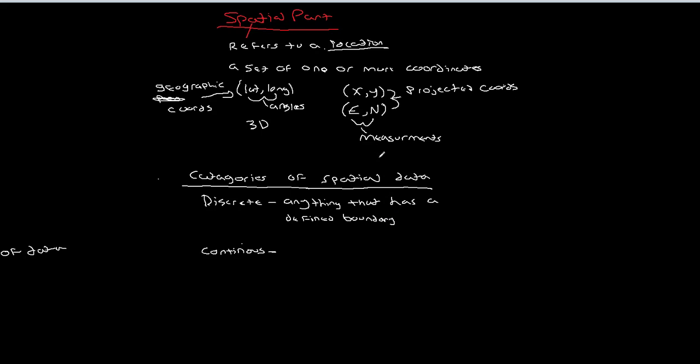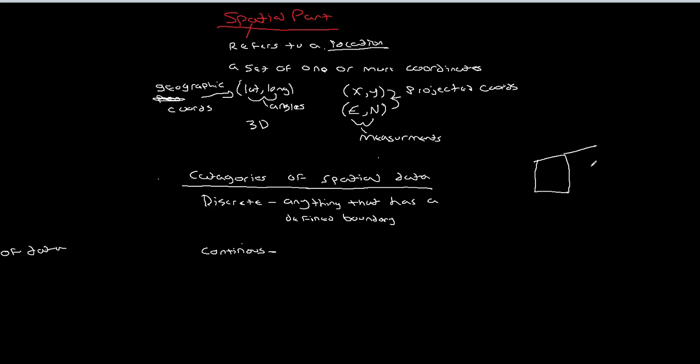Right? And so a good example of a discrete spatial data set might be the property boundaries for houses in your neighborhood, right? If you've ever dealt with housing, hopefully you know that there's a survey that underlies each house that describes the location of the boundaries of the lot, right? And so we can, and we will be able to, draw those out in a GIS using lines that represent the edges of that boundary to form a polygon, right?